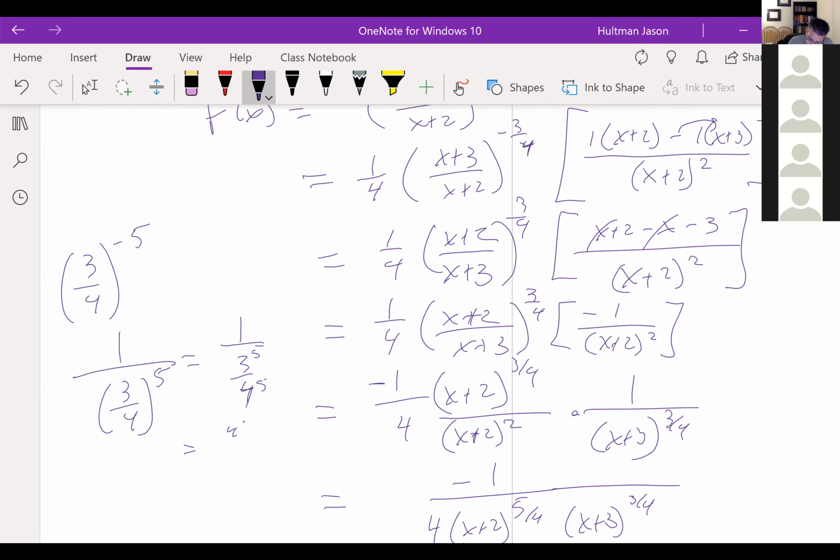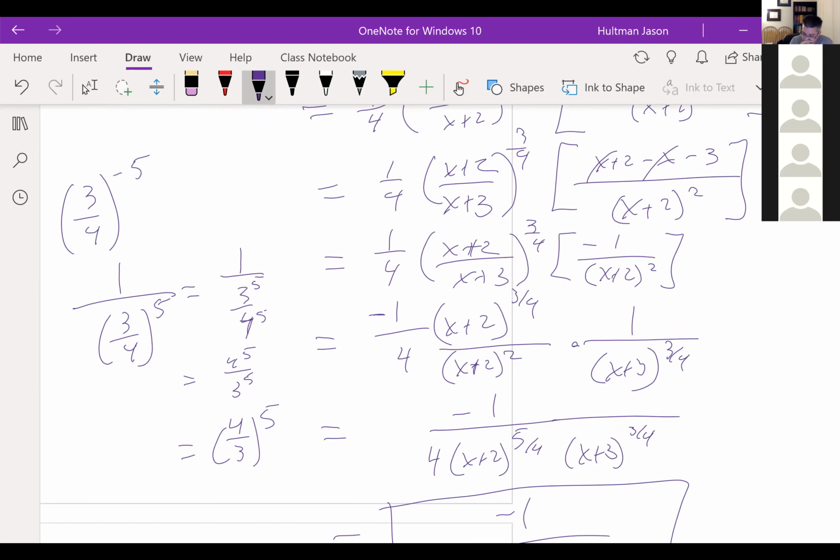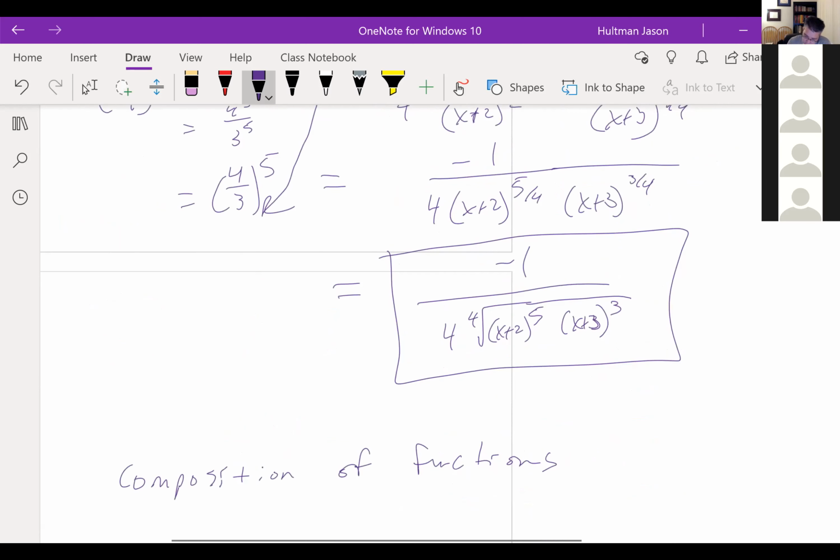Which is really 4 to the 5th over 3 to the 5th, which is really 4 over 3 to the 5th. Boom. So what would a fourth grader say that I did there? They would just say, oh, you just flipped it upside down. Does that make sense? So because it was negative, I flipped it upside down and made it positive. Sounds good.